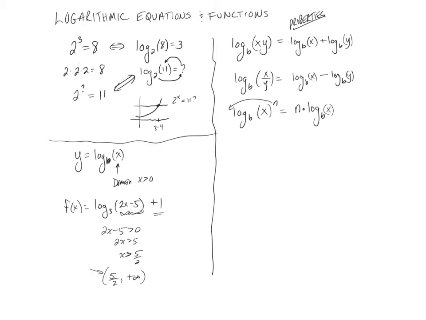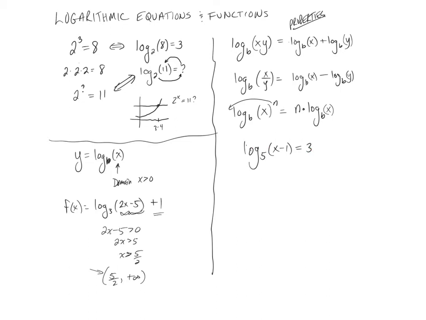So we might have something as simple as log base 5 of x minus 1 equals 3. This is an example where the log expression is isolated already. There's a log expression and there's a constant.